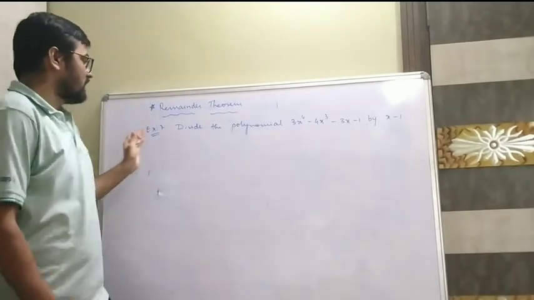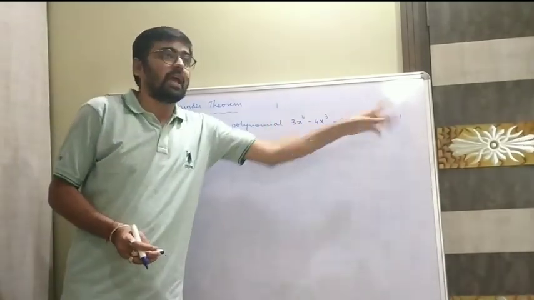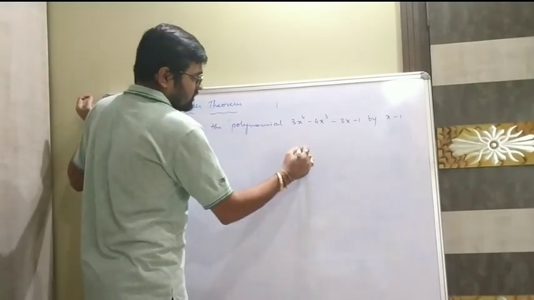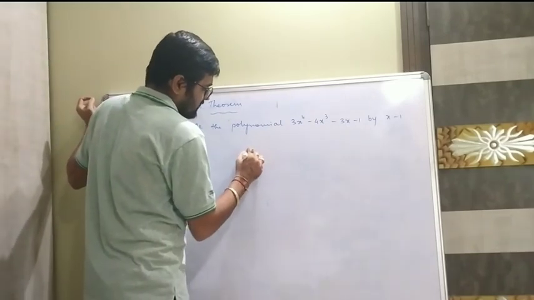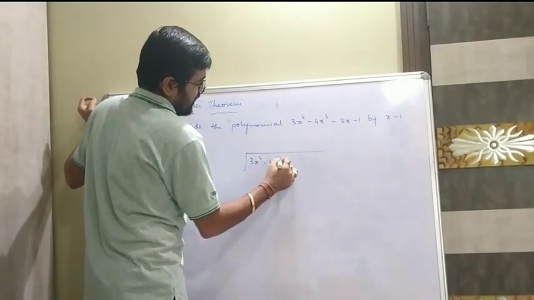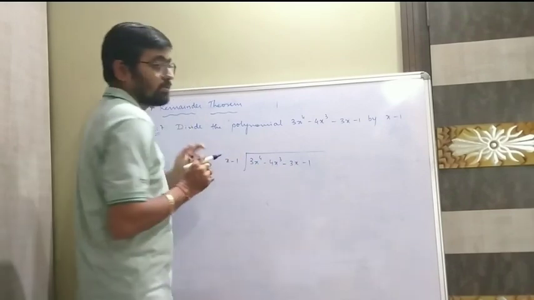Okay, so now let's have a look at this problem. Divide the polynomial by x minus 1. I am going to simply divide them, it's not a big deal. Let's say this is the given polynomial 3x raised to 4 minus 4x cube minus 3x minus 1, and here it is x minus 1.